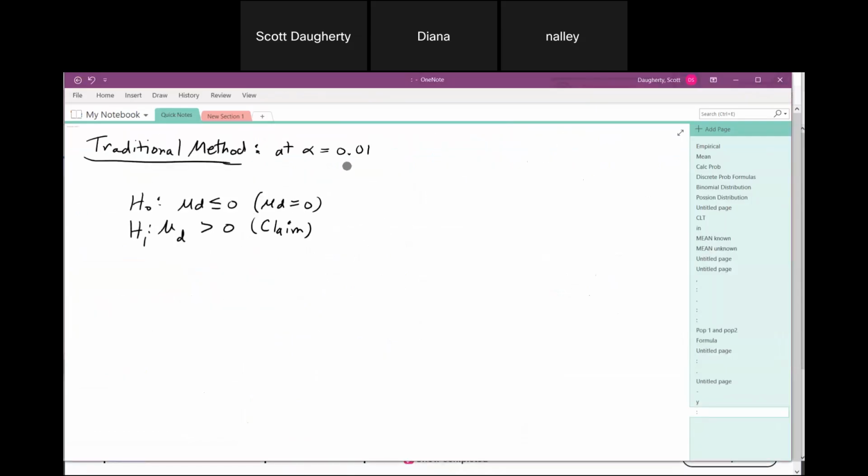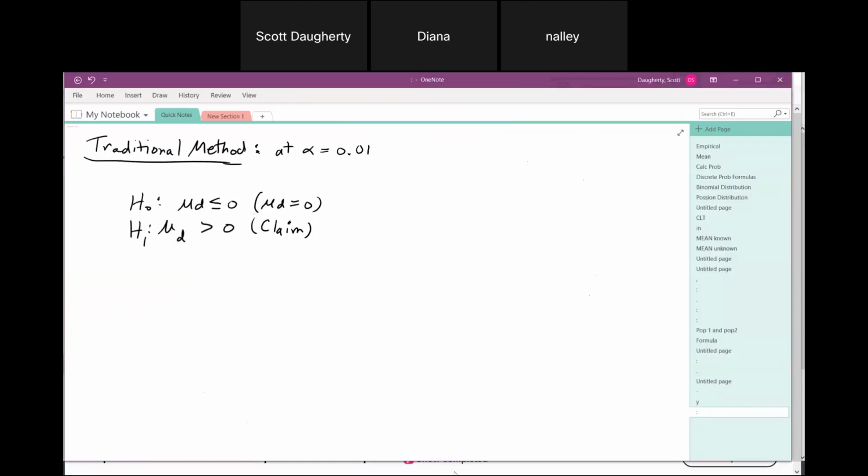First thing you want to do when you do the traditional method is to find those critical values. So this is going to be a right-tailed test. Because remember, this points towards the right, so that means you have a right-tailed test. Eventually, these are going to be converted into t-scores.